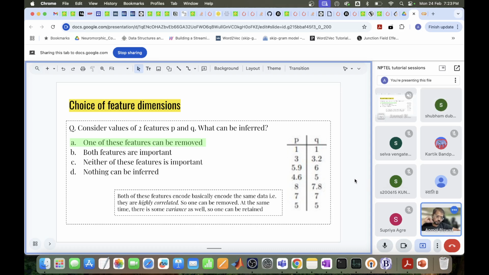So it will depend on whatever threshold you want to set. That is a hyperparameter, right? Models have parameters and hyperparameters. Let's say you set a lower value of threshold. You say that all features that have a correlation of 0.8 or higher, I don't care about having both of those features.